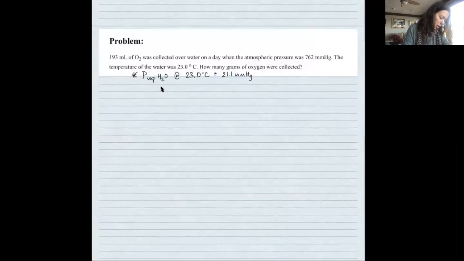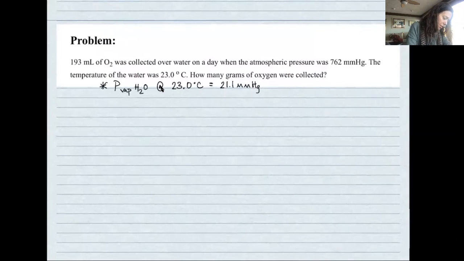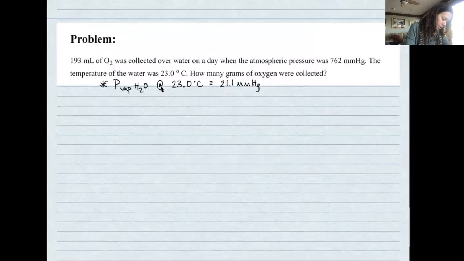So let's look at our problem. We've got 193 milliliters of oxygen gas. So we're concerned with the oxygen collected over water on a day when the atmospheric pressure, so that's our total pressure, is equal to 762 millimeters mercury.